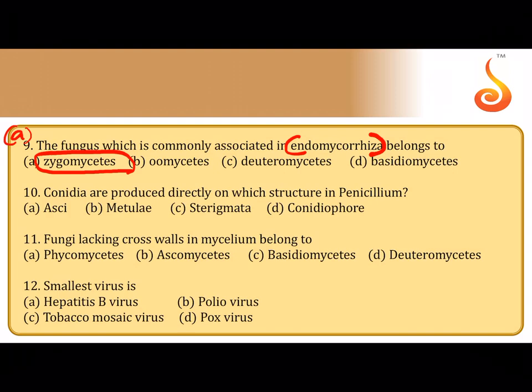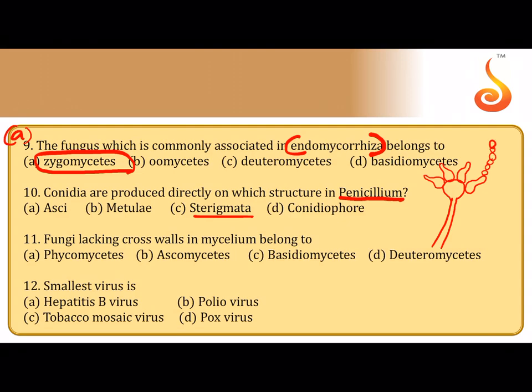Conidia are produced directly on a structure in Penicillium. In Penicillium, there are flask-like structures. For example, if this is the conidiophore and erect hypha, there is a swollen end like this, and on this swollen region, you find such flask-like structures which are arranged, and these are the flask-like structures from which you get these chains and chains of cells which are referred to as the conidia.